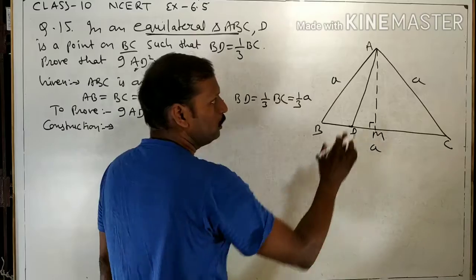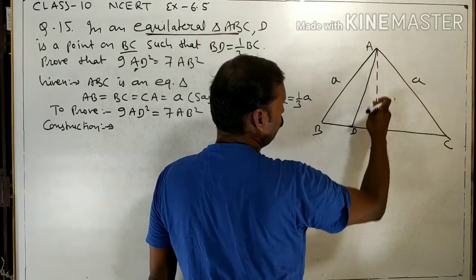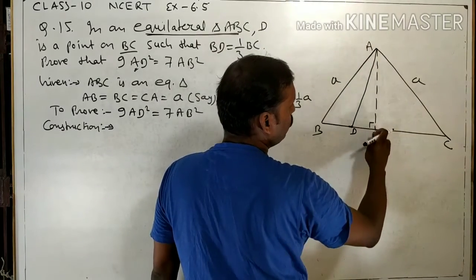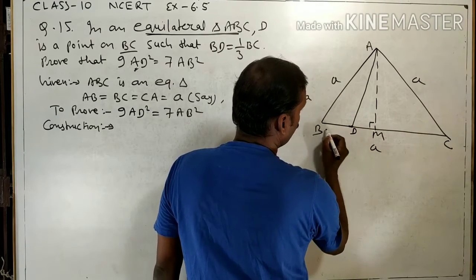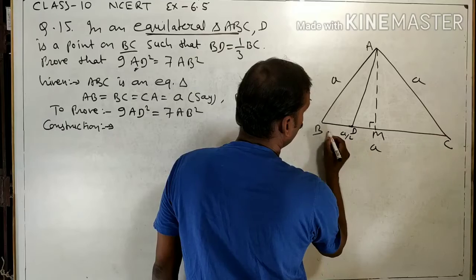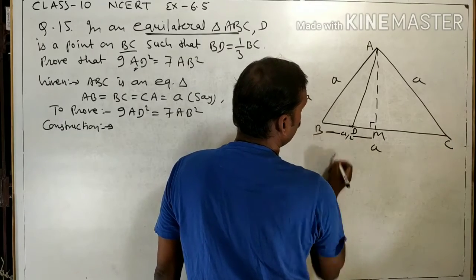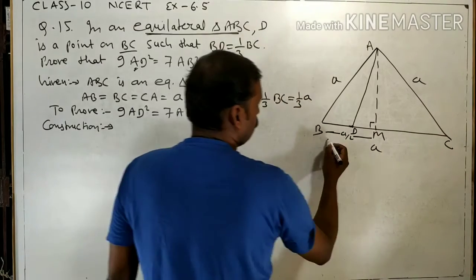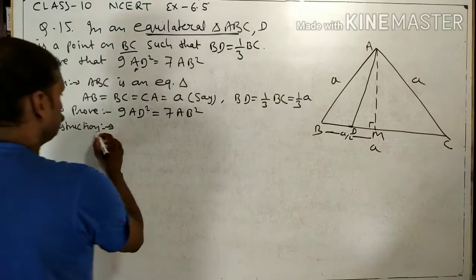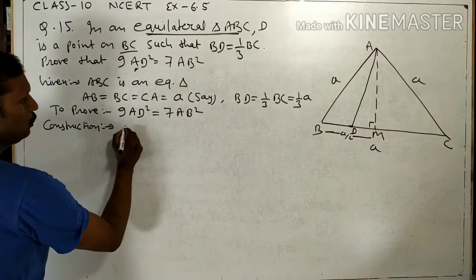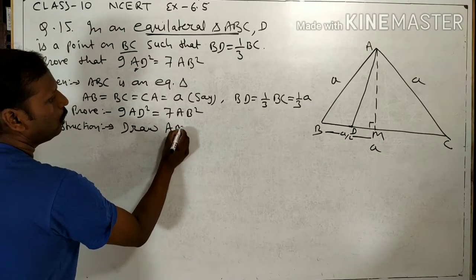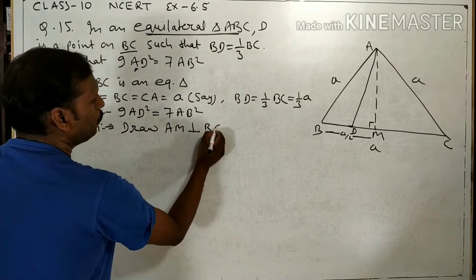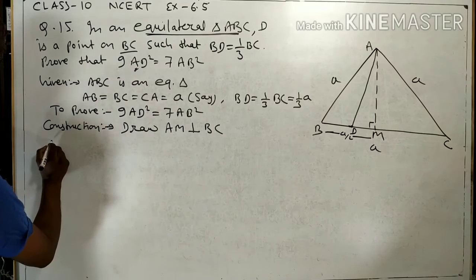And we know that if any perpendicular is drawn in an equilateral triangle, it is also the median for that triangle. So BM becomes A by 2. Construction: draw AM perpendicular on BC.